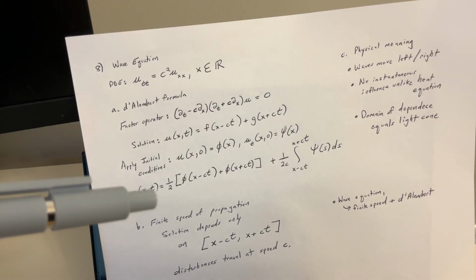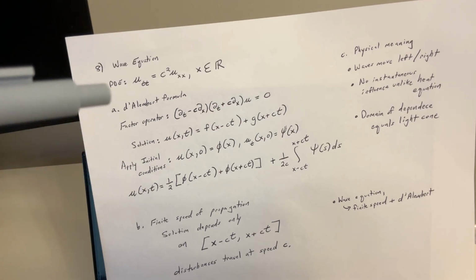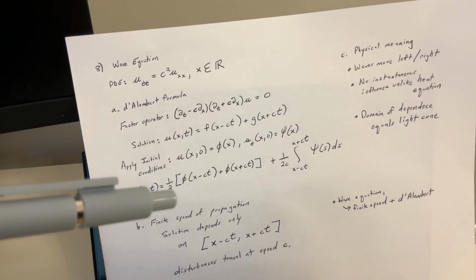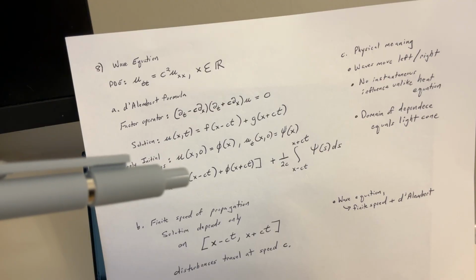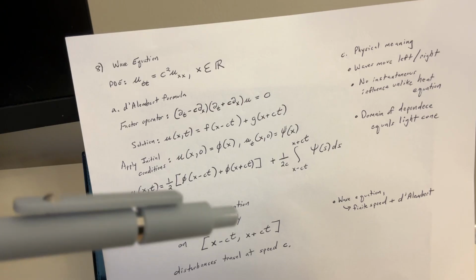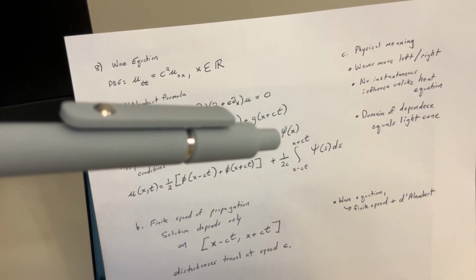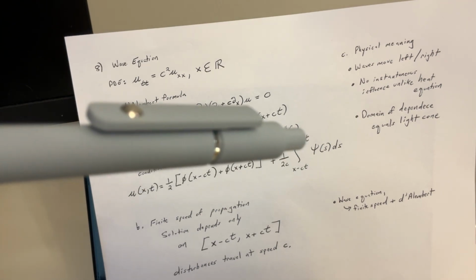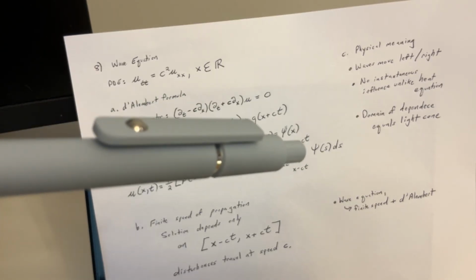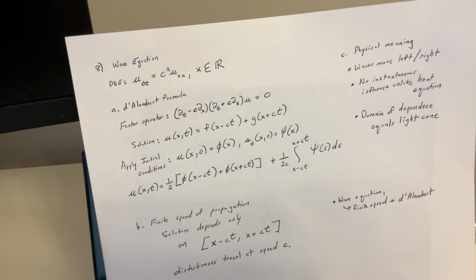So our u(x,t), when we get down to it, the final answer for letter A, is going to be 1/2 times the quantity phi(x minus ct) plus phi(x plus ct), added to the coefficient 1 over 2c times the integral from x minus ct to x plus ct of psi(s) ds.